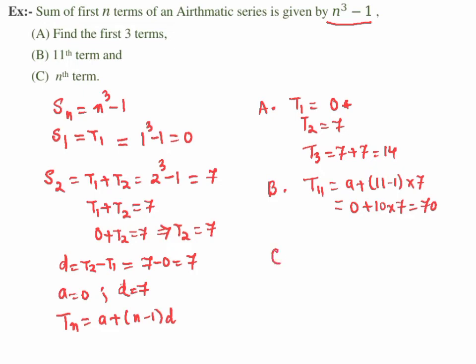And the nth term will be A plus n minus 1 into 7. So this is 0 plus n minus 1 into 7, that will be 7 into n minus 1. This is the nth term. So all these 3 parts are easily solvable. Hope you understood it.